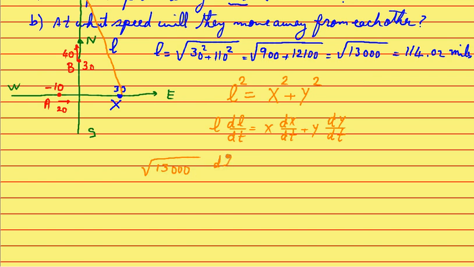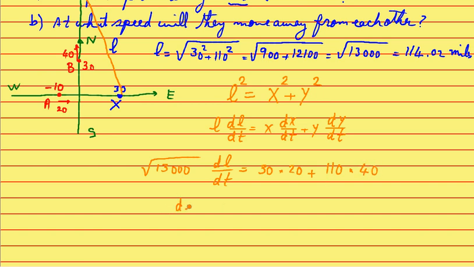So dL/dt. X at the moment of interest is 30. dx/dt, who's dx/dt? dx/dt is the speed of car A, that's 20. Y was 110. The speed of this other car was 40.